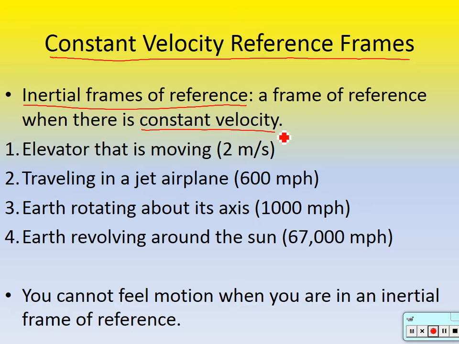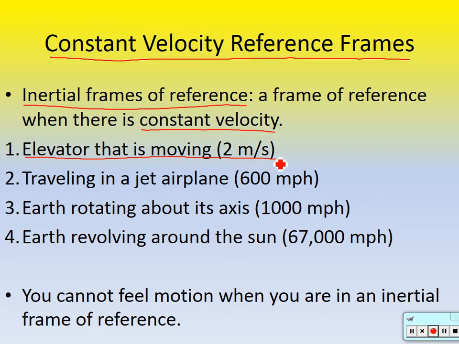And these frames of reference are a little tricky. So I've got 4 examples here. We're going to go through them and talk about each one. So this first inertial frame of reference: an elevator that is moving at a constant velocity of 2 meters per second. Now we've all been in an elevator. When it's moving at constant velocity, can you tell that you're moving?